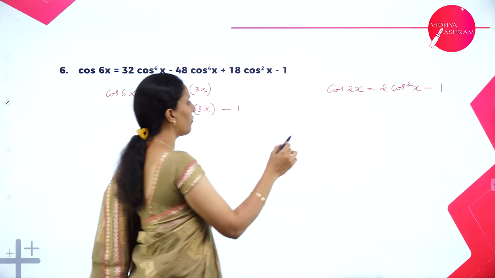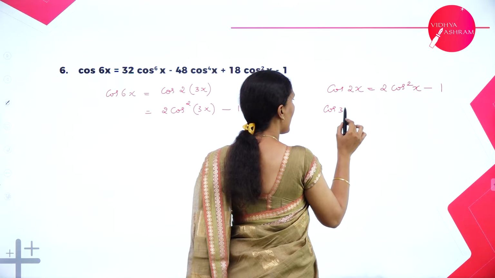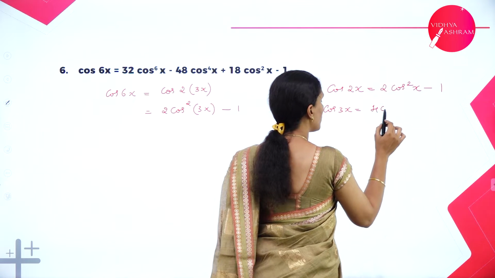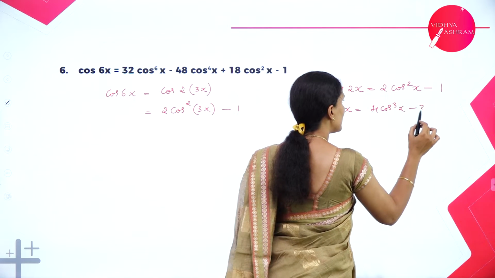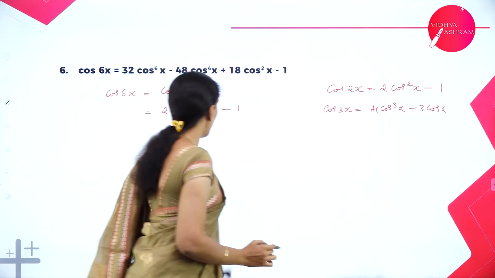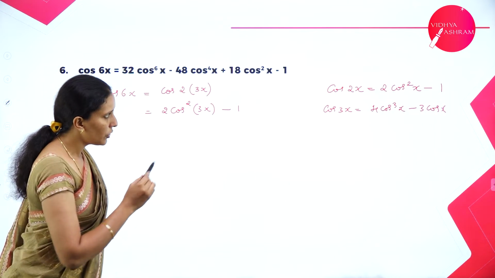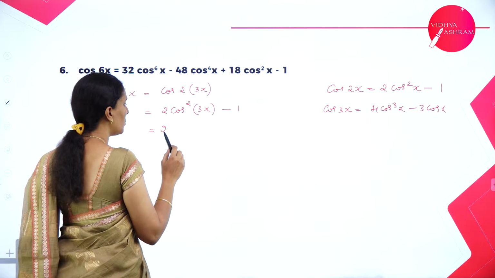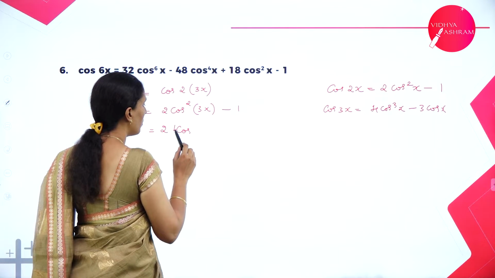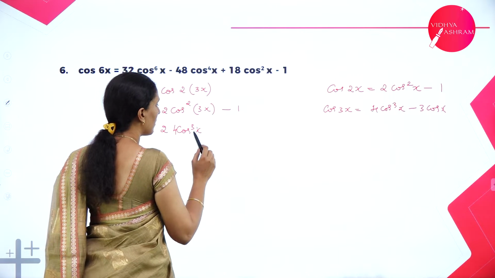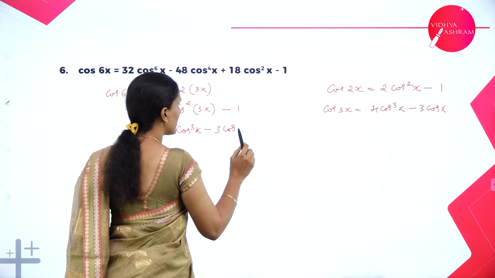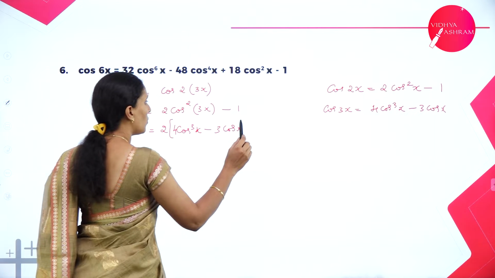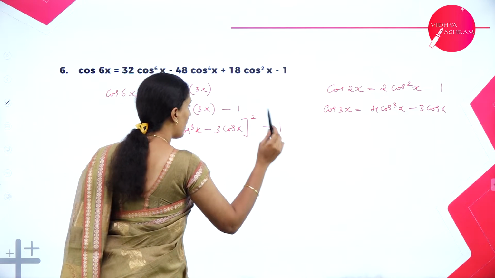But I know the formula of cos 3x as 4 cos cube x minus 3 cos x. So in the place of cos 3x, use 4 cos cube x minus 3 cos x. So then you will get 2 times (4 cos cube x minus 3 cos x) whole square, minus 1.